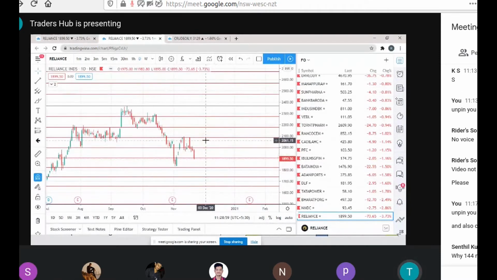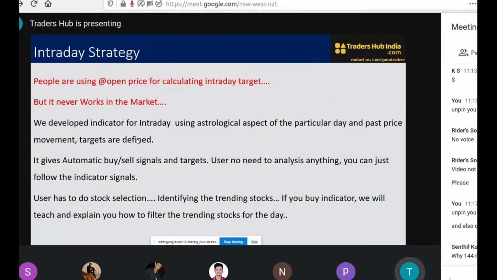Now I just want to show how to use it and how it works in the market. For the intraday strategy, normally people use the open for calculating intraday targets, and for intraday I tried for several years, it never worked properly.